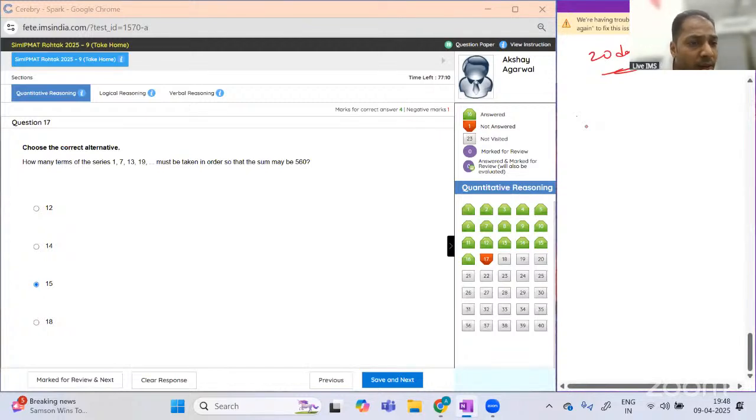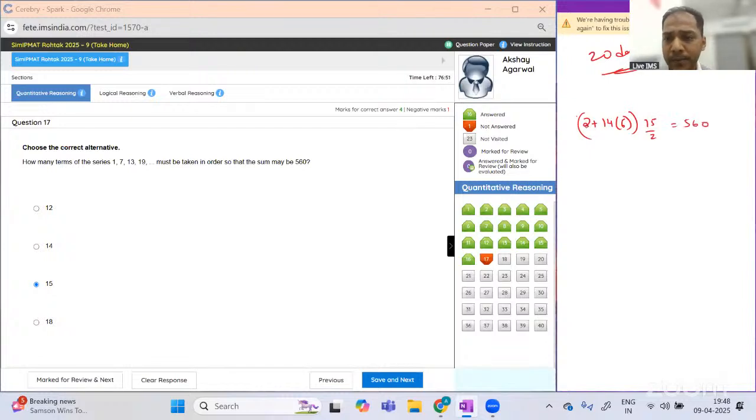It's an AP with a difference of 6. The sum is 2a plus (n minus 1) times d, into n by 2, and I check whether this equals 560. This total is a multiple of 14, so I'll actually try 14.